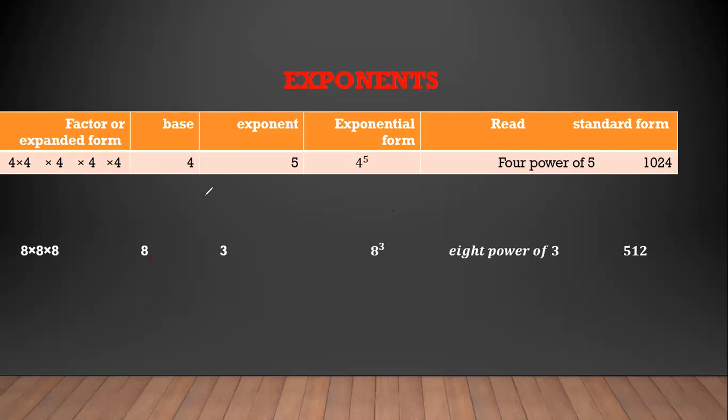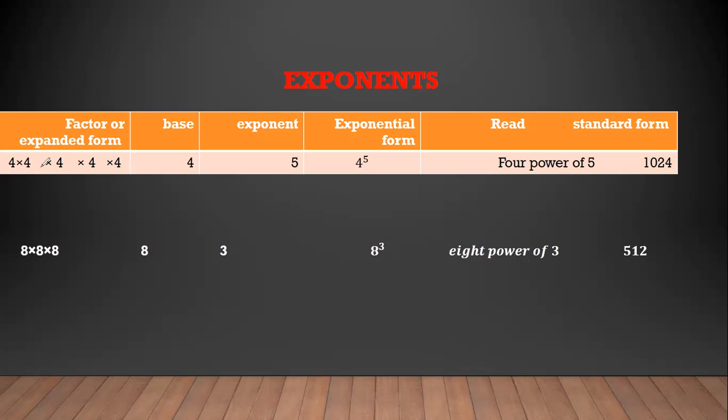In this table, I will explain what the base and the exponent are in exponential form, and how to read it in standard form. In this equation, 4 times 4 times 4 times 4 times 4, 4 is the base value.